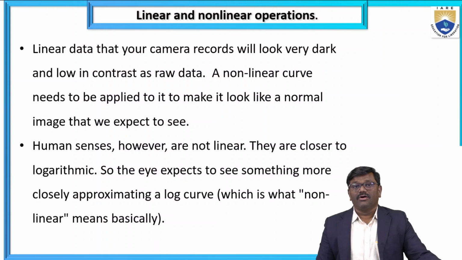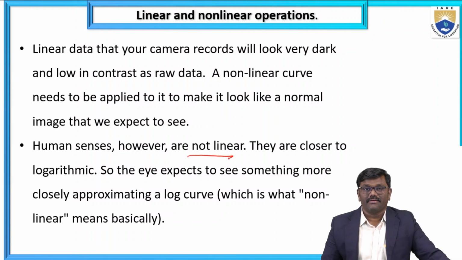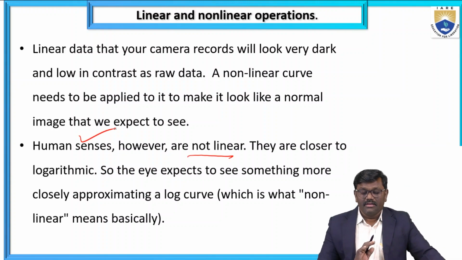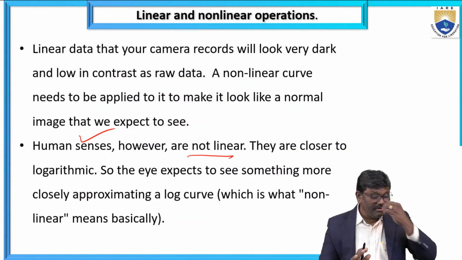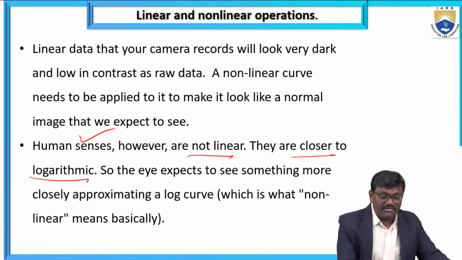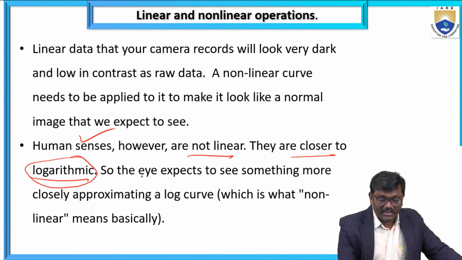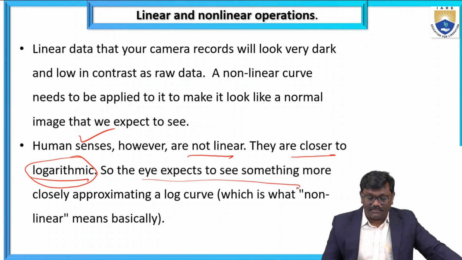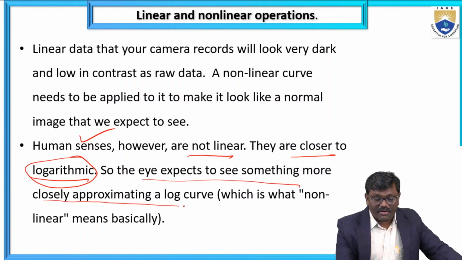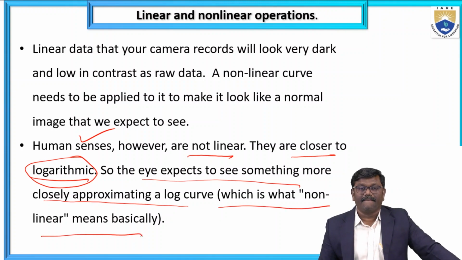Human senses, however, are not linear. They are closer to a logarithmic process, which is one of the operations, so that the eye expects to see something more closely approximating a log curve, which is what non-linear means basically.